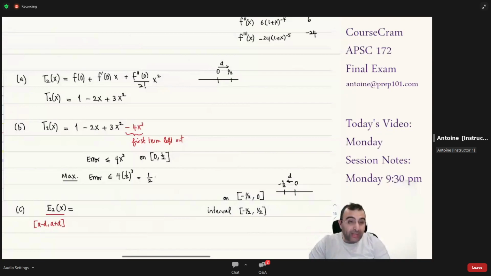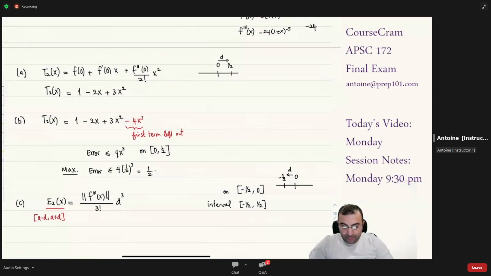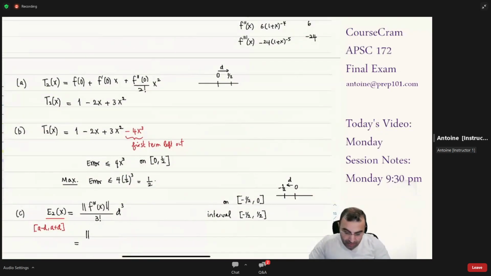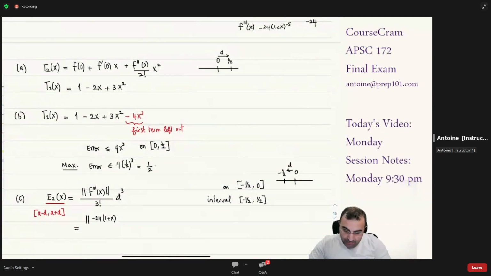So you choose whatever value maximizes f triple prime of x on this interval divided by 3 factorial times d to the power 3. Now, that doesn't change, the d is 0.5. So f triple prime is minus 24 times 1 plus x to the minus 5, all divided by 3 factorial, which is 6, and then d is 1/2 to the power 3.